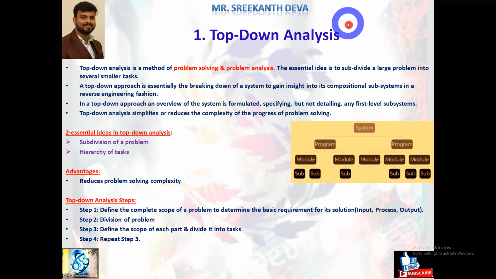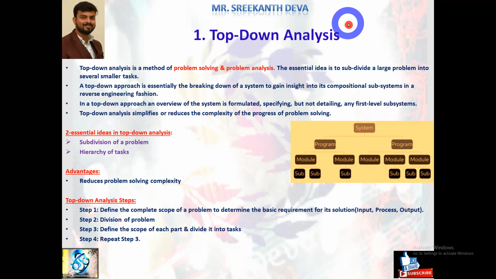Each subsystem is then refined in greater detail, sometimes in many additional subsystem levels, until the entire specification is reduced to base elements. Top-down analysis simplifies or reduces the complexity of problem solving. It is not limited by the type of program. Top-down analysis is a general method for attacking any problem.